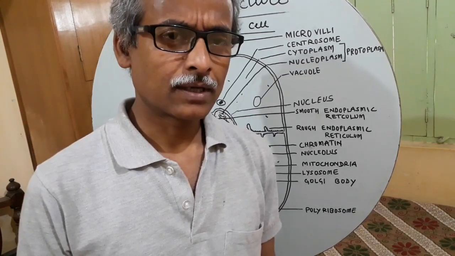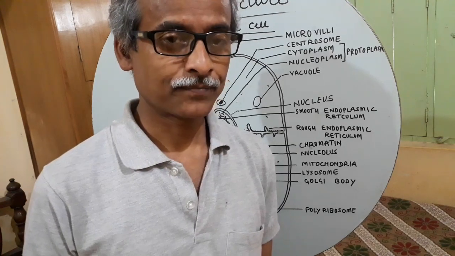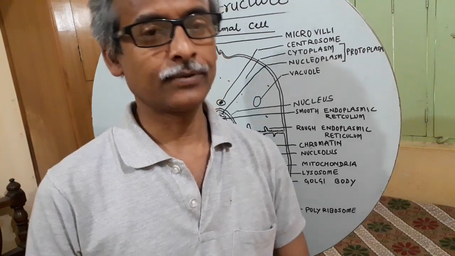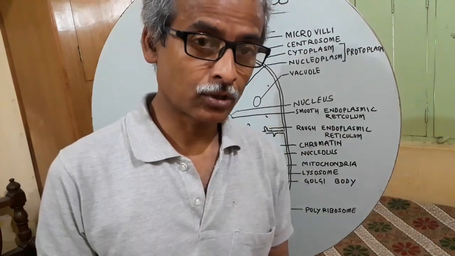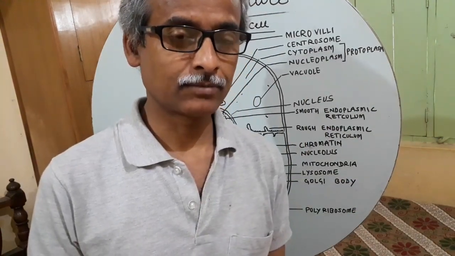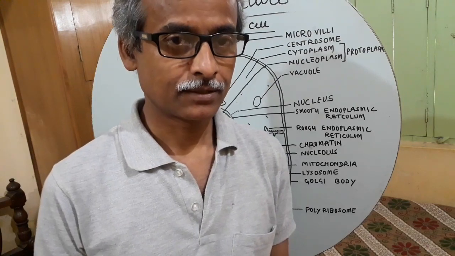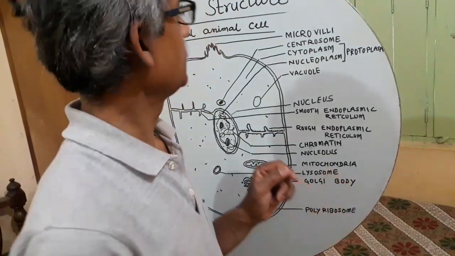They all are similar in some way, but they are different in another way. So, if a cell shows all possible parts of an animal cell, then it will be a typical animal cell.